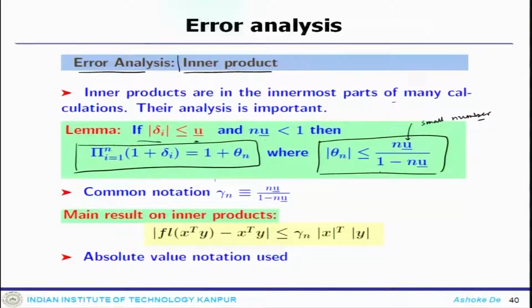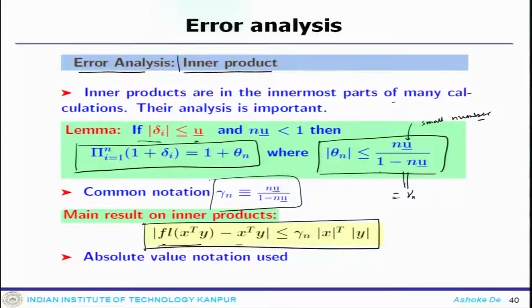So, the common notation is that you can define gamma n, which is essentially this particular term n u bar divided by 1 minus n u bar. The result for the inner product is that the magnitude of floating point x transpose y minus x transpose y satisfies less than or equal to gamma n times mod x transpose mod y.